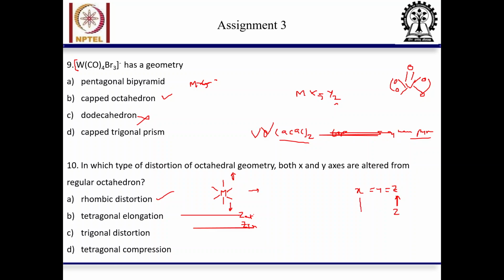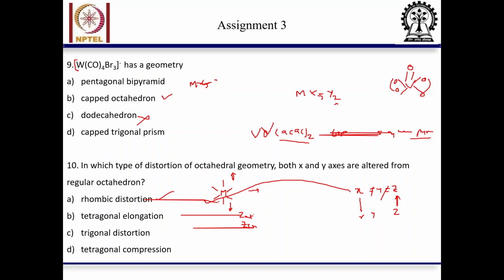And in the z direction you do the compression, and along x direction or y direction you do the compression. So what will happen here, your x will not equal to y, not equal to z. That is your rhombic distortion case.